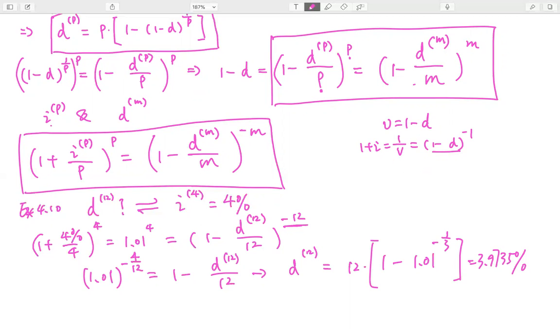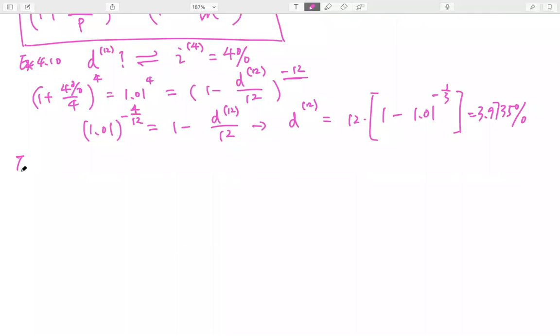4.11 asks you to calculate the accumulated value at time 10 years of a payment of $1,000 at 5%. So we have $1,000. We want to know the accumulated value at time 10 years. We know that the discount rate is 5%, convertible every other month.